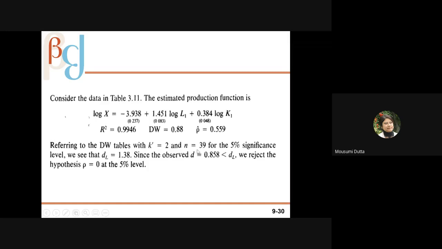N is equal to 39. For the 5% significance level, they are checking that the DL value is 1.38. And since the observed D is less than DL, therefore reject the null hypothesis of zero autocorrelation at the 5% level.